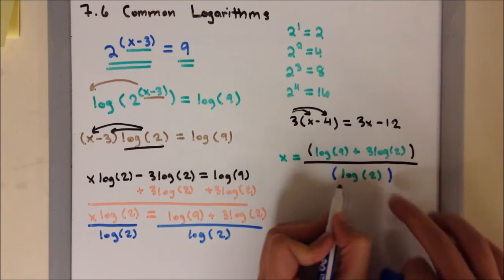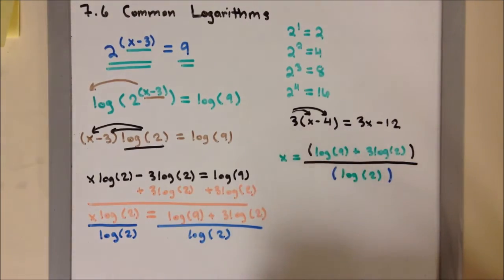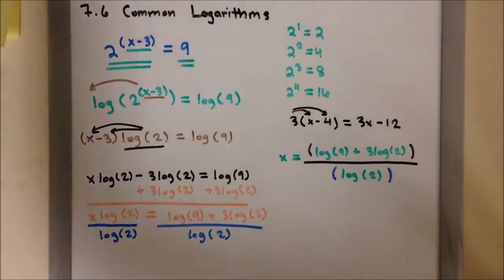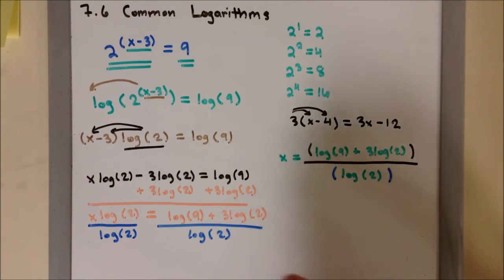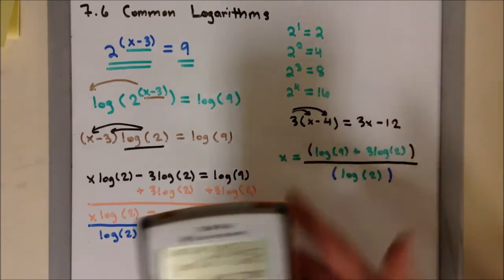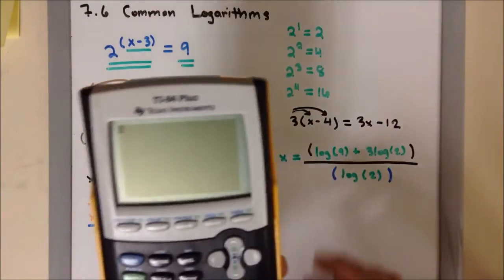Okay, because I want to keep the denominator separated from the numerator. So again, once you have your setup, if you have the option to use a calculator, let me clear this.